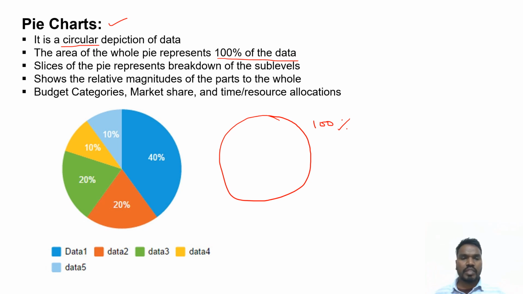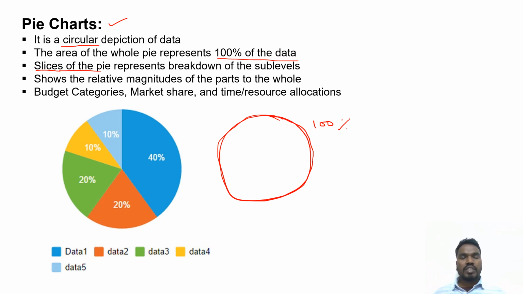Assume that there are 5 data: data 1, data 2, data 3, data 4, and data 5. All the data measures are converted into percentages, and the total percentage is 100%. This 100% is nothing but the area of this circle. The total area is divided into different parts, and each part is a slice of the pie.